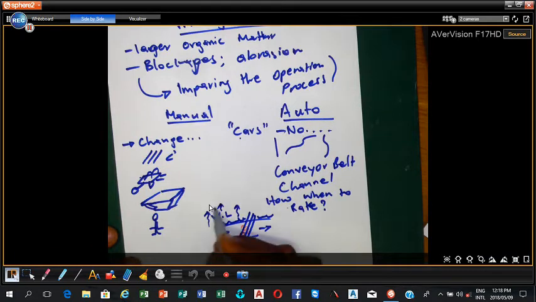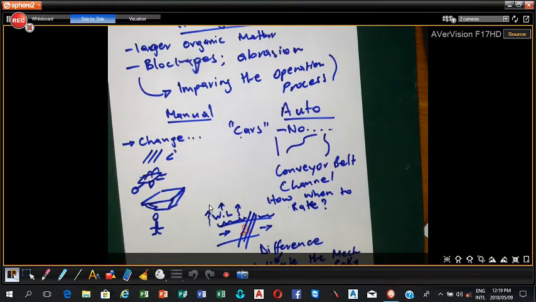Now, if it rises, the difference in level is the utmost determination as to activate the mechanical rake.